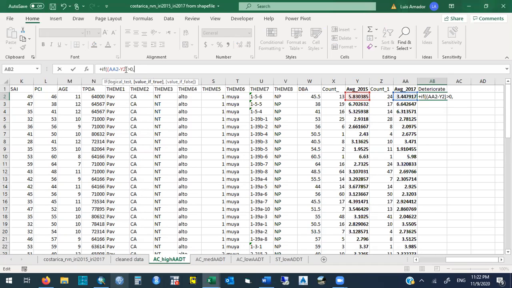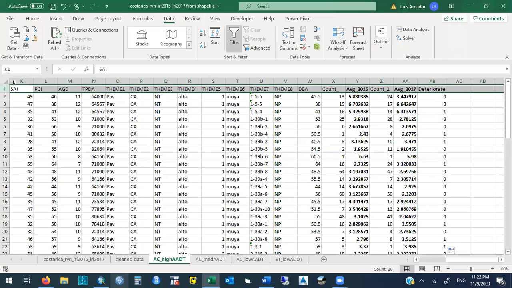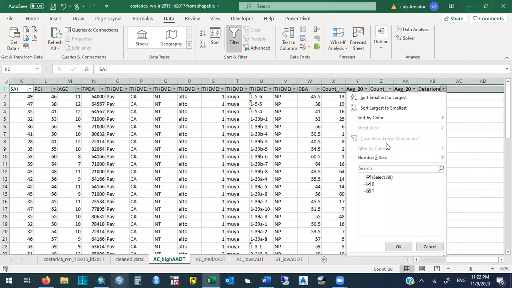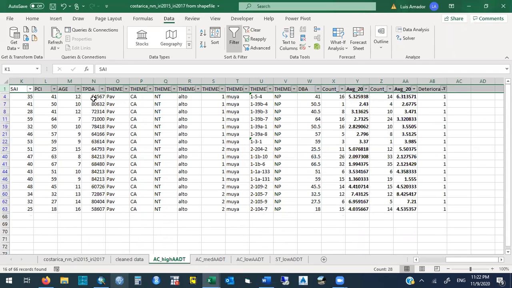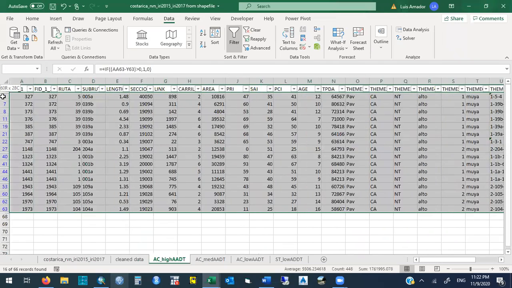So if this is positive, we say 1, otherwise we say 0. So this is deterioration. This is deterioration. This is deterioration. This is not. So now I'm going to filter this. And this is my segments that are deteriorating. Very few, huh?